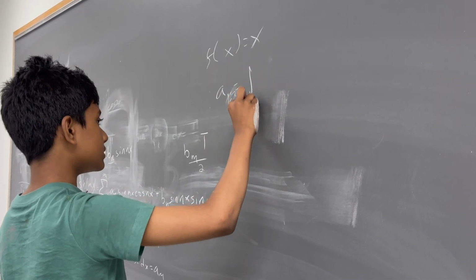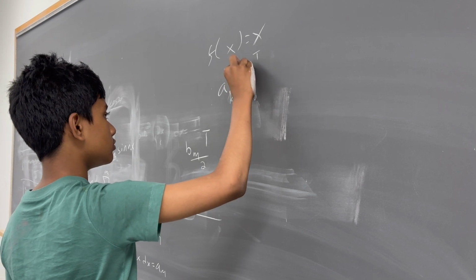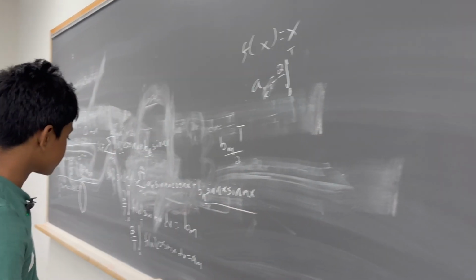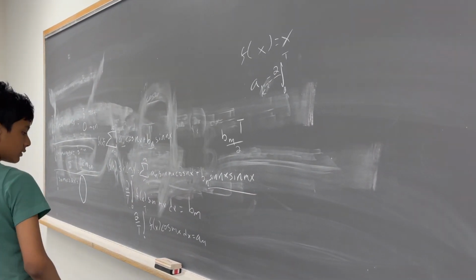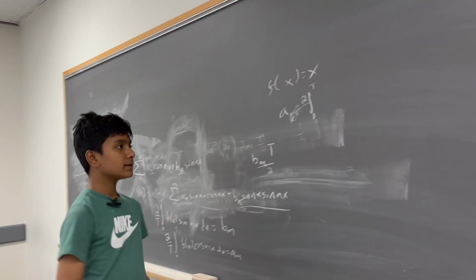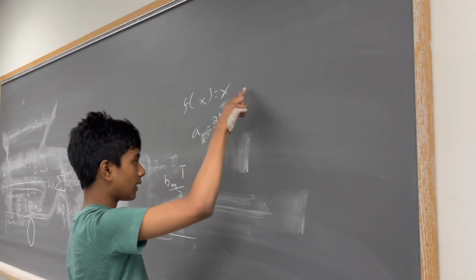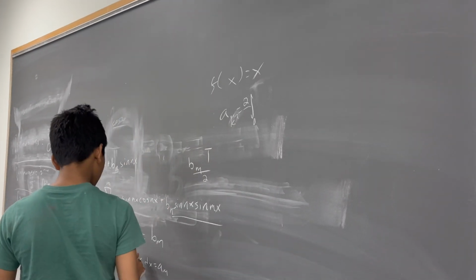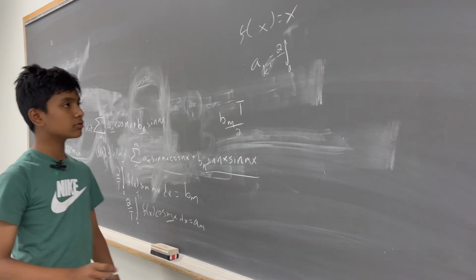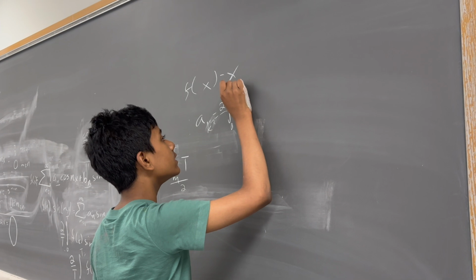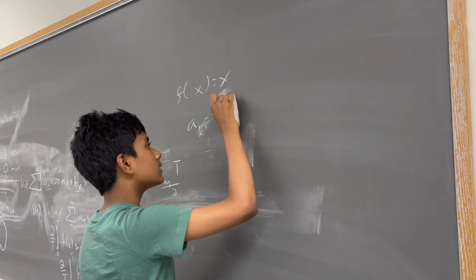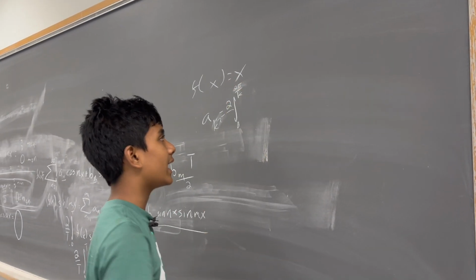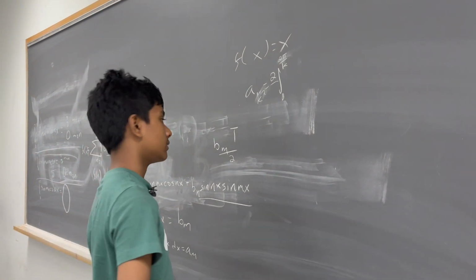The integral from 0 to T times 2 over T, and what's our period right over here? Now, in our case, we're going to be using varying frequencies, so it's just going to be 2 pi divided by the coefficient of x, which is k.